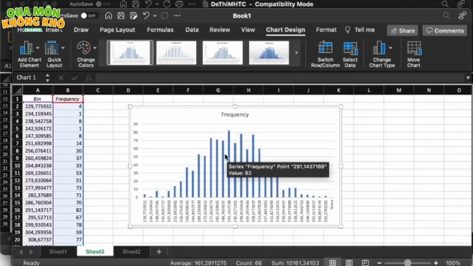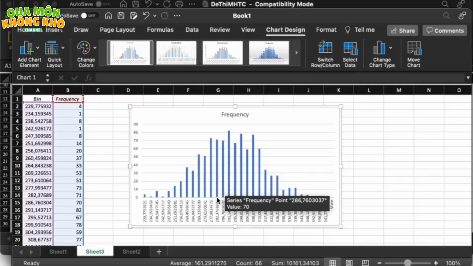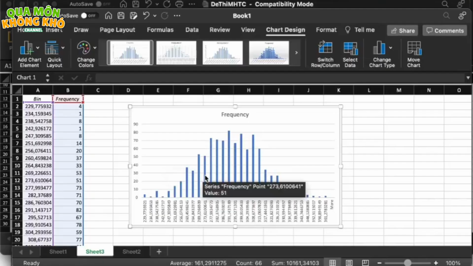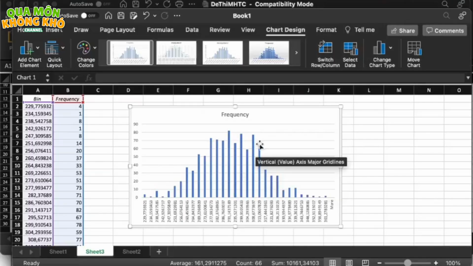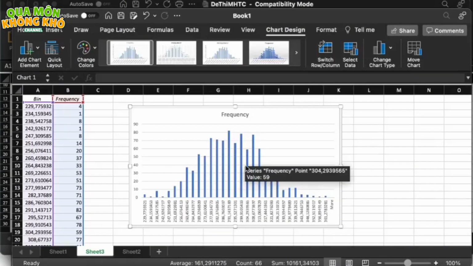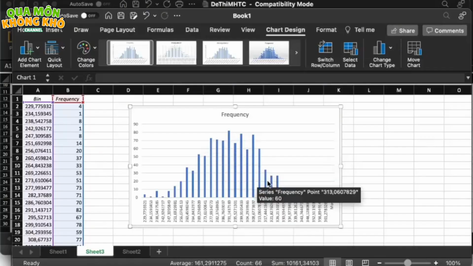That's the mean value. And when we move out to the tail, the frequencies will decrease a lot. So this is the histogram of 1000 MPV, but we just simulated 1000 MPV, so the histogram is not good.